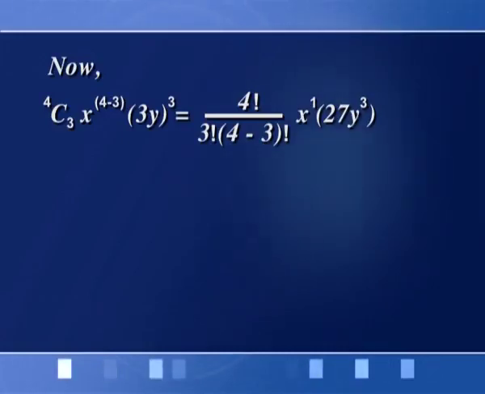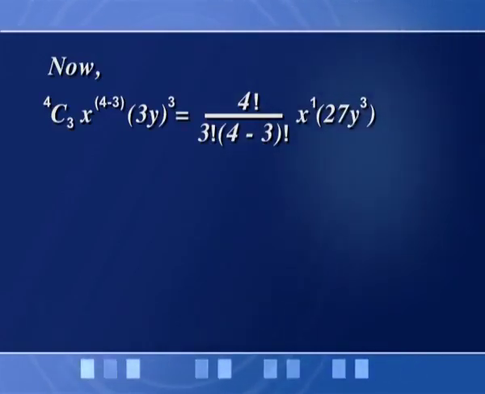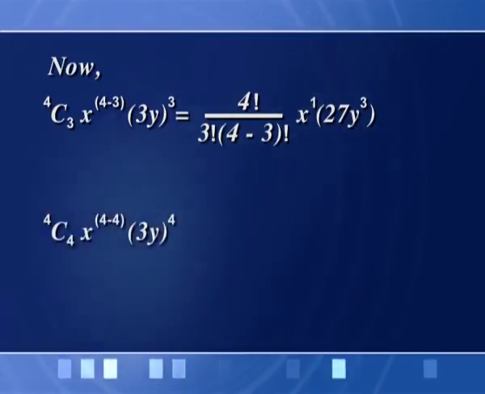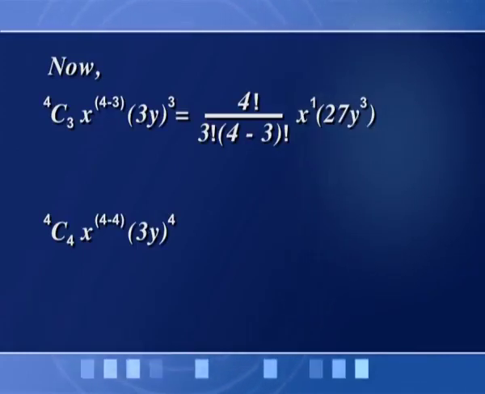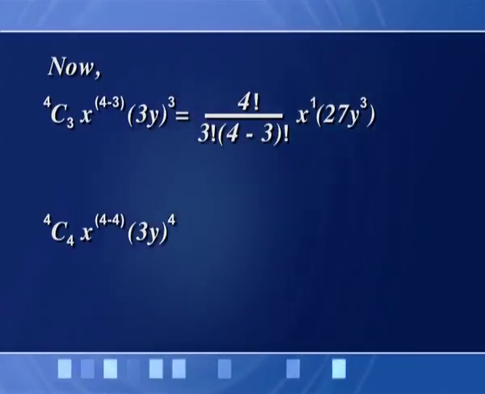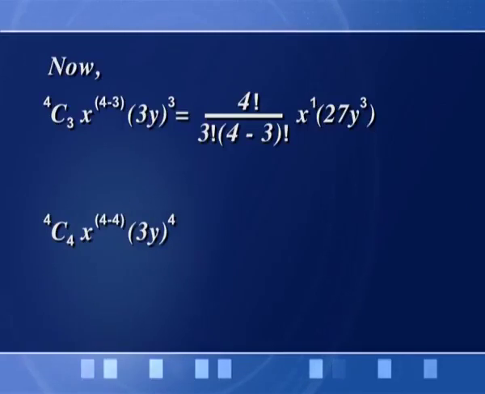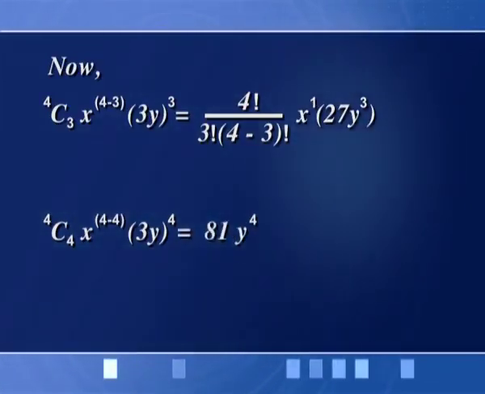Now, the last term is left. The expansion of this term is 4C4 x^(4 minus 4) (3y)^4. On solving this expansion, what will we get? We will get the value 81y raised to the power 4.